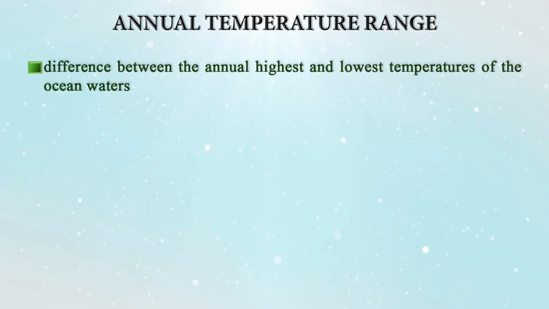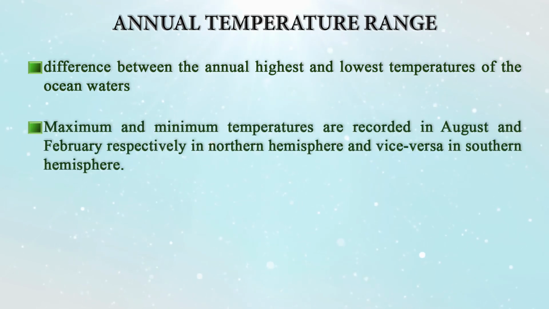Now the annual temperature range is the difference between the annual highest and lowest temperatures of the ocean waters. The maximum and minimum temperatures are recorded in August and February respectively in the northern hemisphere and vice versa in the southern hemisphere. Now when you read about the isotherms of the land areas in the book atmosphere, you must have studied that extremes of isotherms are studied in July and January.